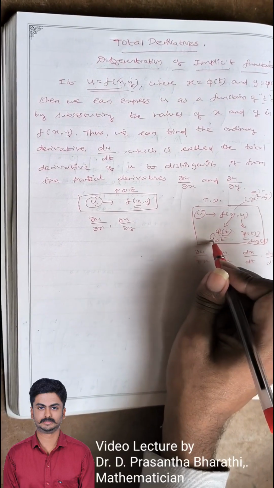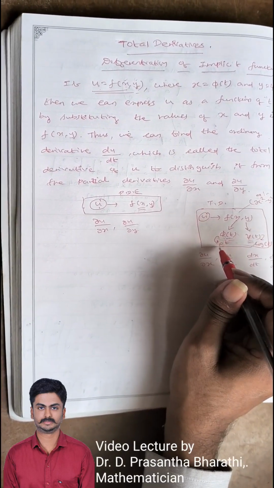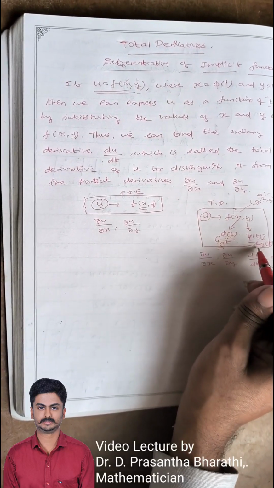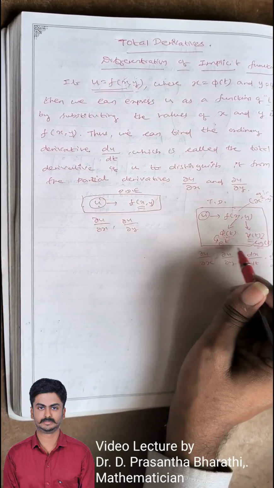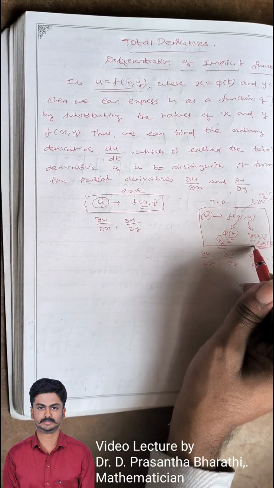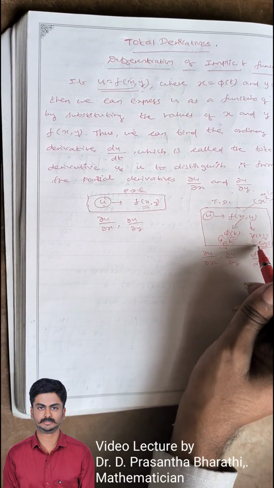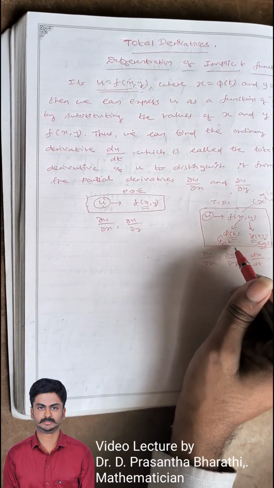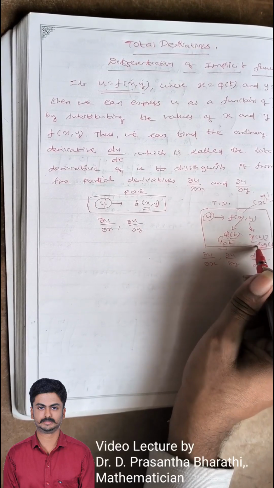Both are functions of t, but one is an exponential function and the other is a logarithmic function. Sometimes functions of the same kind also come, for example x power t and y power t, then both are functions of t.